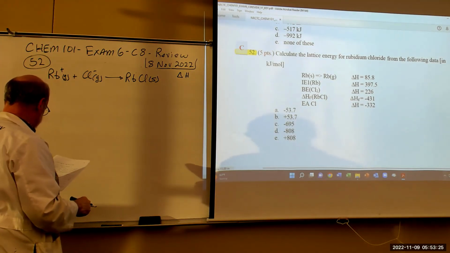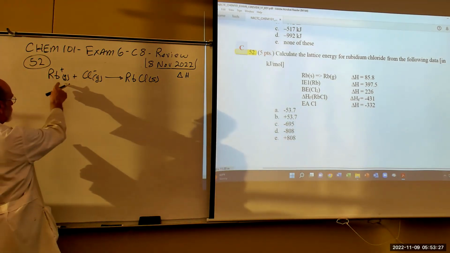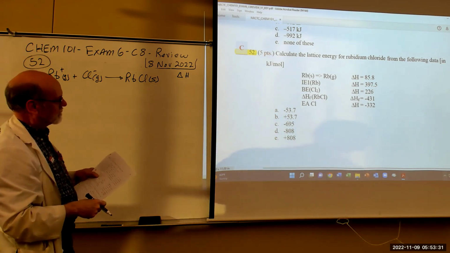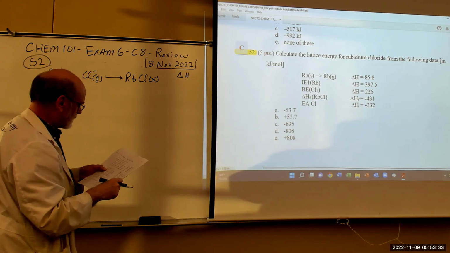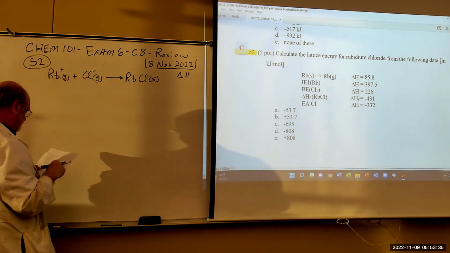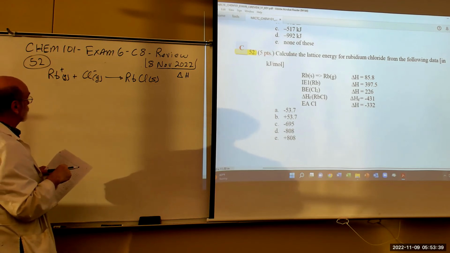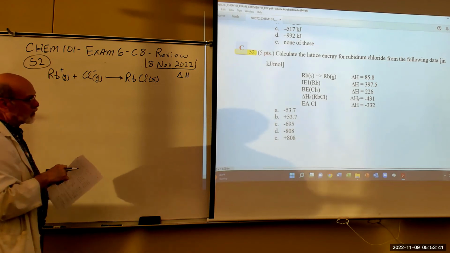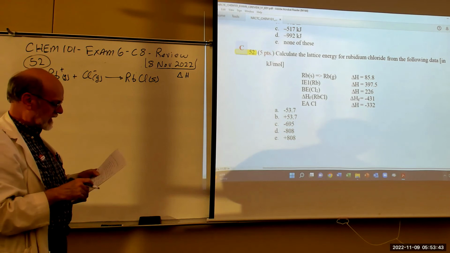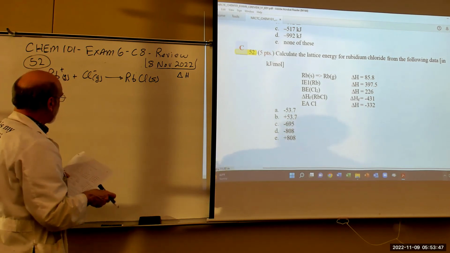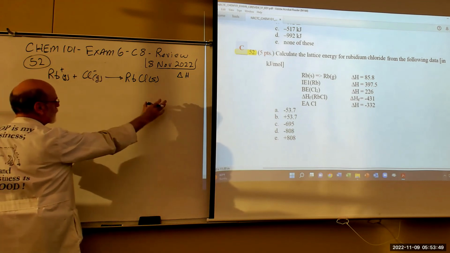First thing we're going to do is deal with this one right here. Where do we have that one? We have it in the ionization energy of rubidium. Remember, rubidium ionization energy is 397.5 kilojoules. But the ionization energy will put the ion on the wrong side.